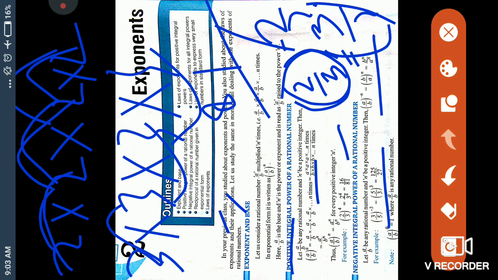Look at the example here: 3 upon 5 to the power minus 3. In the next step we write 5 upon 3 in place of 3 upon 5. We just take the opposite, and the power becomes positive 3, so 5 multiplied 3 times and 3 multiplied 3 times.